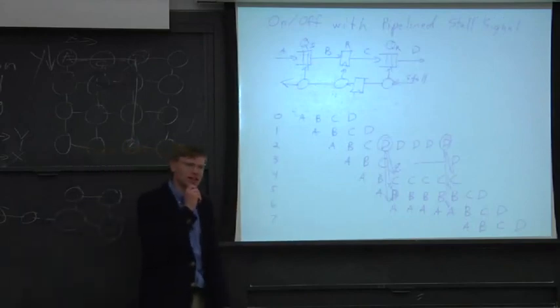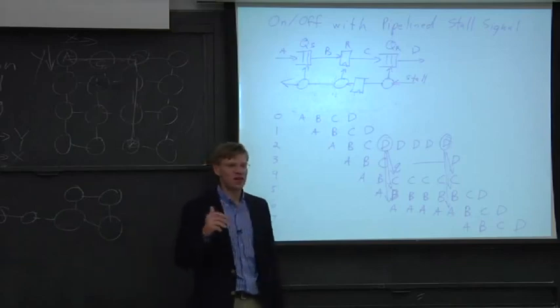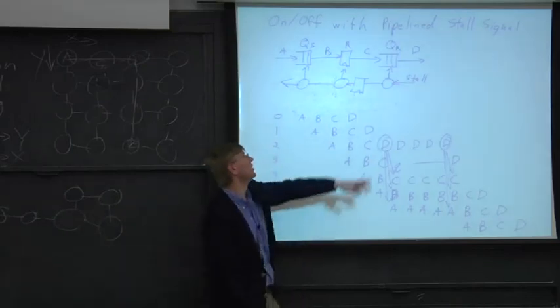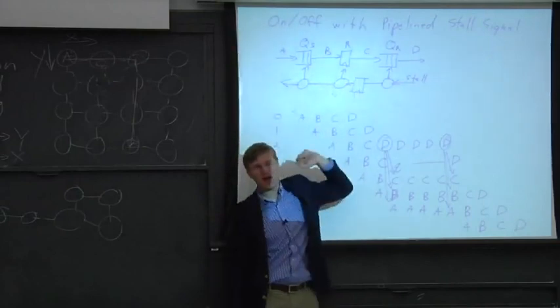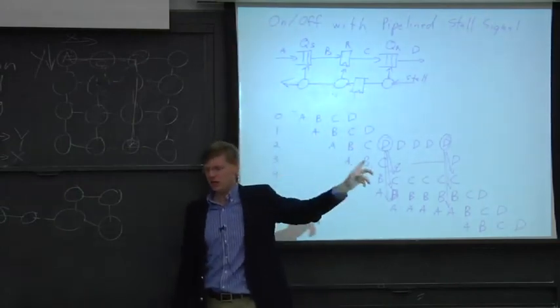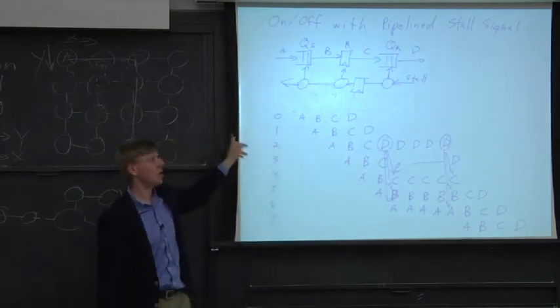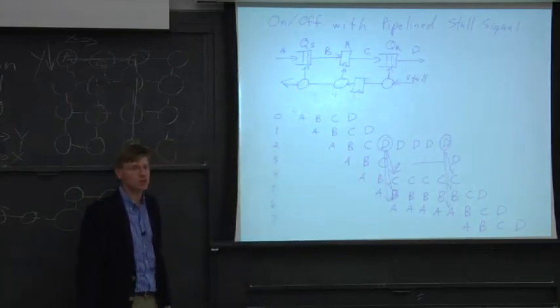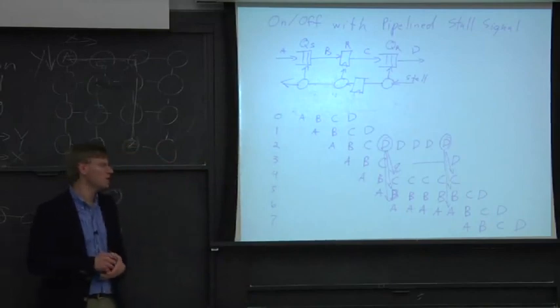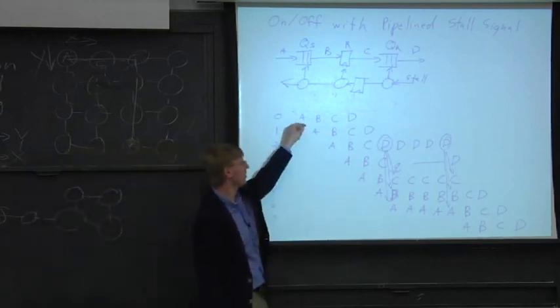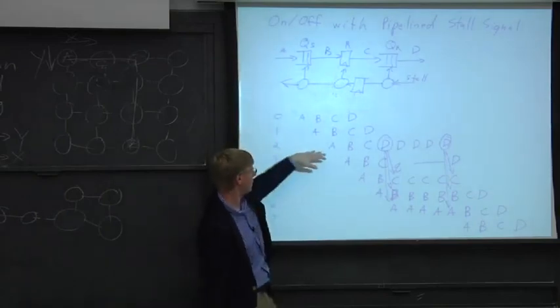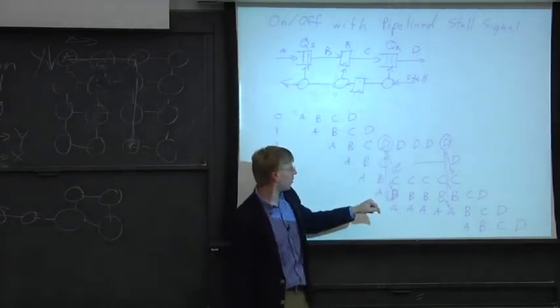OK, so now we switch to something and say, let's try to solve that and put a pipeline flop in here on the return path of the stall signal. So what happens? If we look at this for packets 0, 1, 2, 3, at some point D decides to stall.